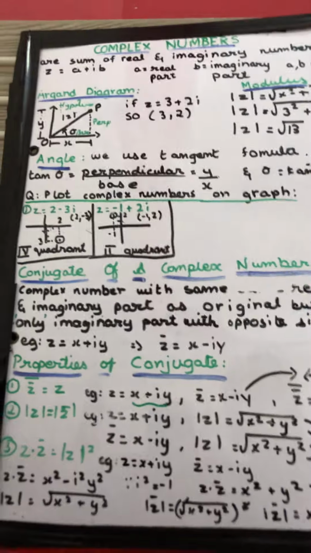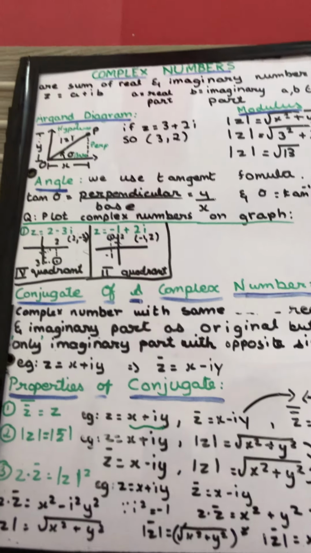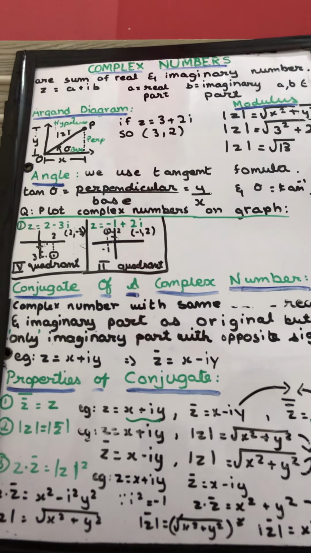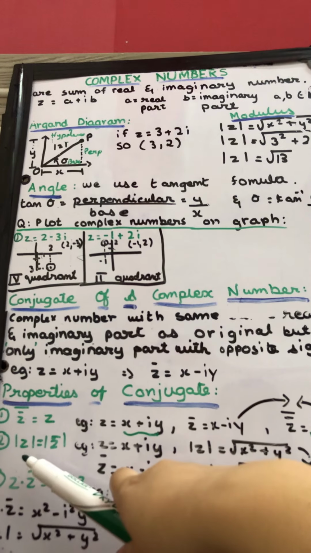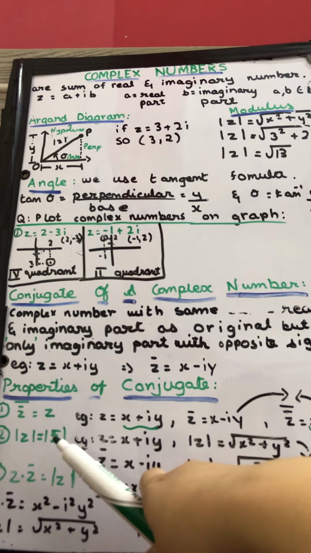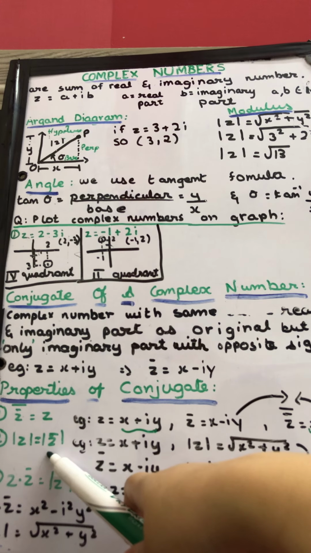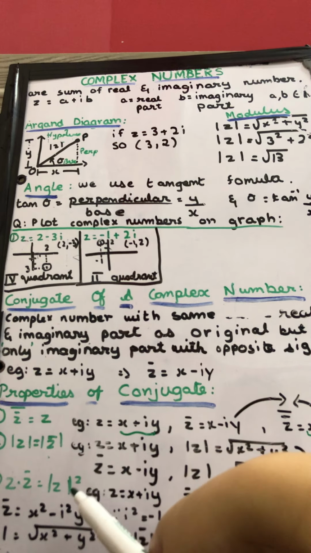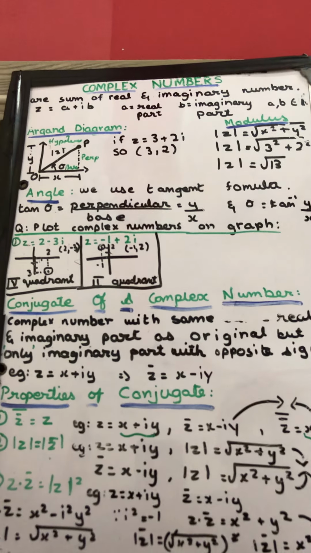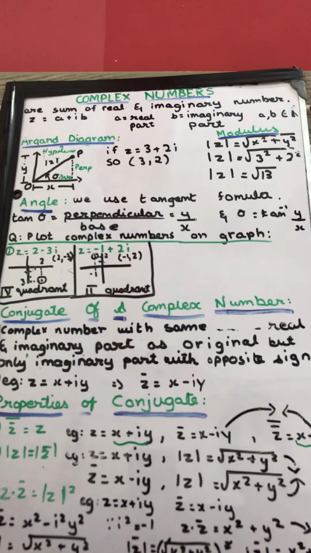Okay, now let's have a look at the second property. It says that the modulus of z is equal to the modulus of z conjugate. If we take the conjugate of a complex number and take its modulus, they both will be equal. Let's have a look.